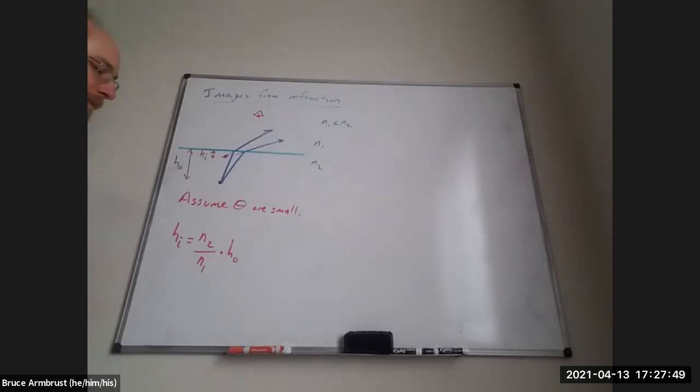Hold on, I think I got that backwards, because we should have smaller HO. N1 was smaller than N2. Yeah, these are upside down.